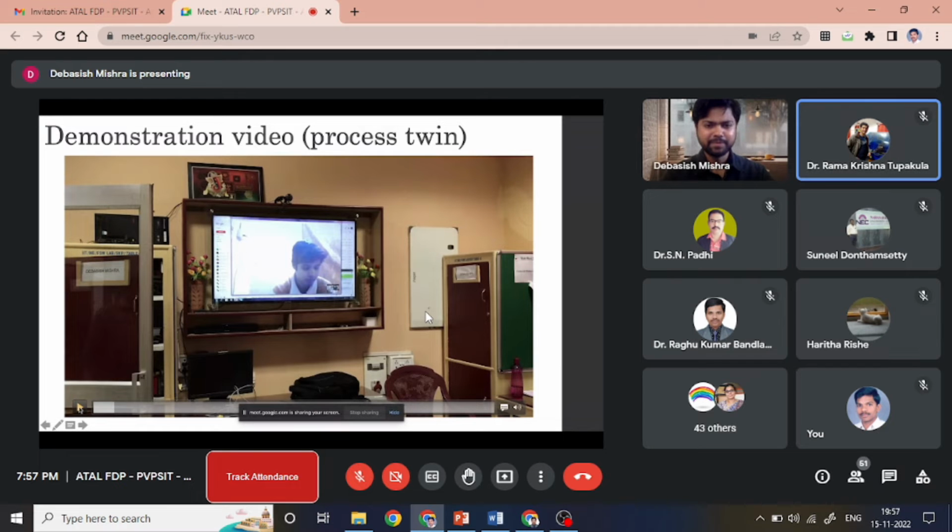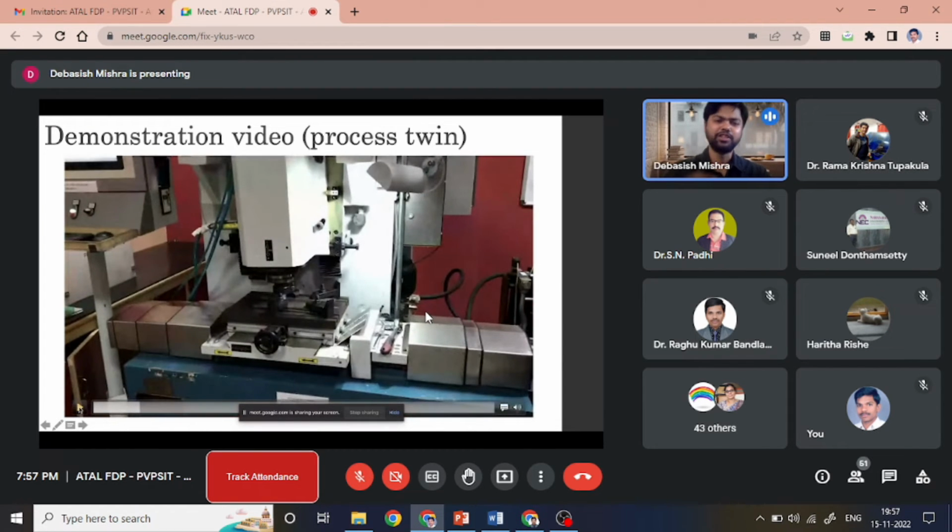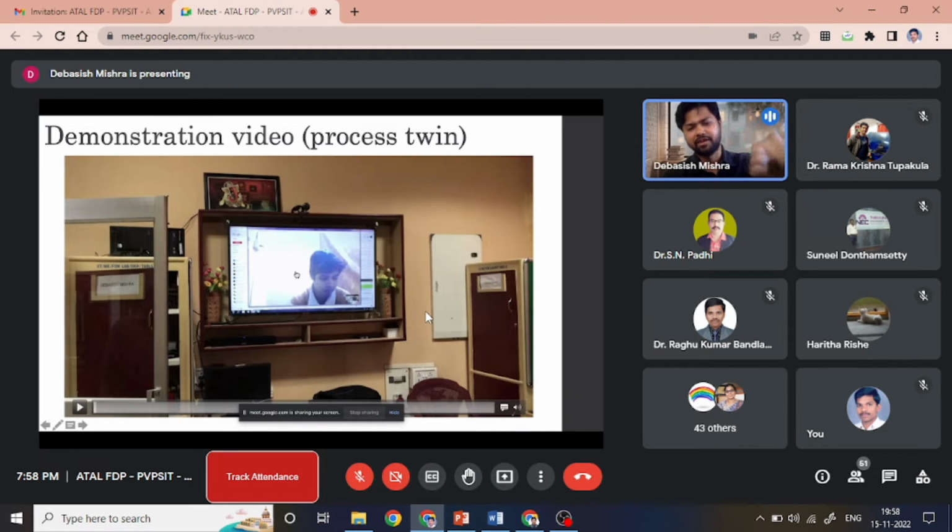So this is the picture of the welding machine. This is the friction stir welding laboratory of IIT Kharagpur. This machine is made by ITA FSW Bangalore, and this guy on the TV, he is at Jamshedpur.